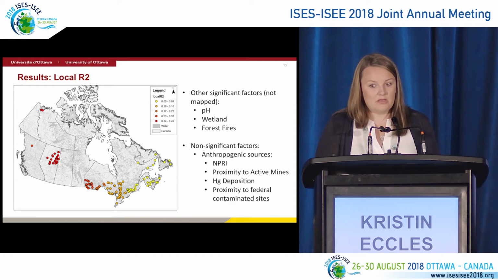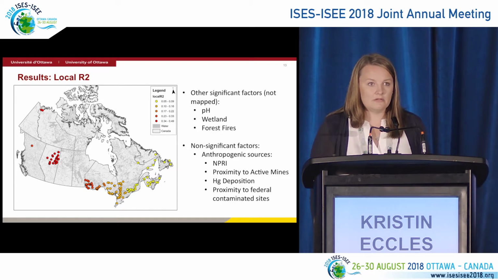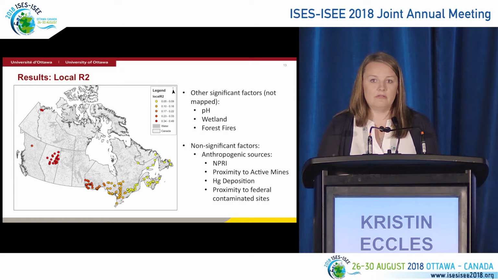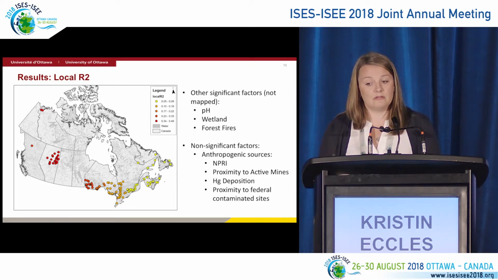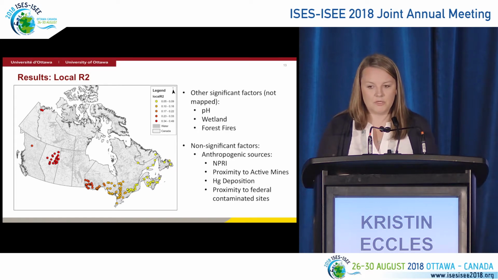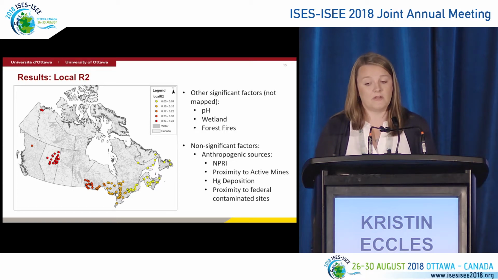And so I'm just going to map the local R-squared. The local R-squared is comprised of all the predictors that go into the regression model. Other significant factors that were not shown were pH, the amount of wetlands around the river otter, and the number of forest fires.